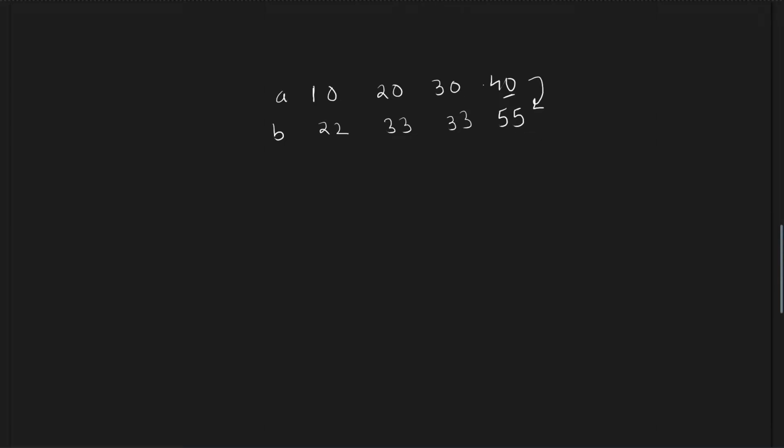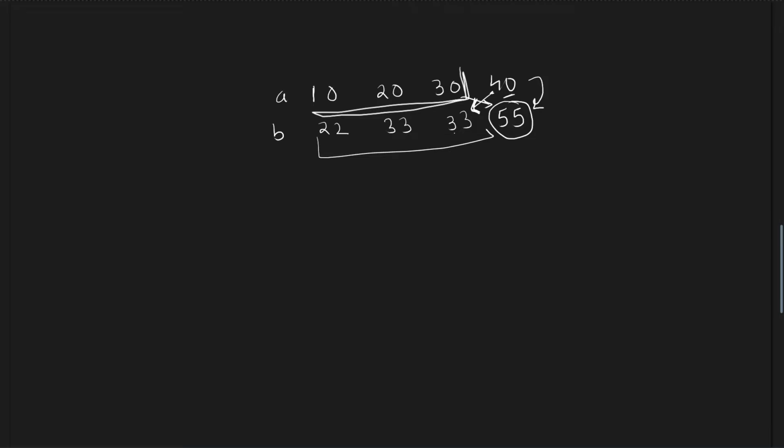Now, if this particular 40 cannot take a value from here, so it is not allowed to take any value from here. If it cannot take 33, it can definitely not take any value less than 33. So if these values are not possible for 40, then this particular value should not be possible for any of these numbers, right?